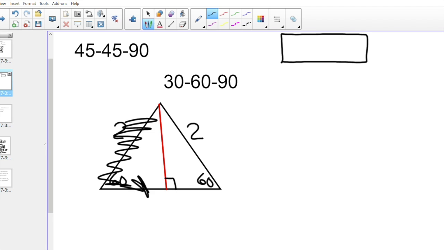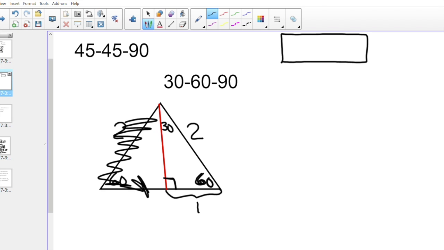If this angle is a 90, and this angle is 60, by knowing that the sum of the measures of the angles of a triangle is 180, then this angle is 30. Not only that, if this entire side at the bottom, called the base, is 2, then this measure is half of 2, which is 1.